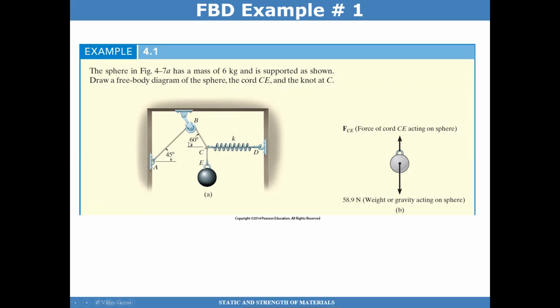So here I have a system, and this system has been supported in the following manner. I have this sphere that has a weight of some kind, and then I also have a cable, and this cable is supported by a spring that's attached to this wall, and then I have a knot here, and this knot continues to be attached now by a cable that is attached by a pulley system at the top, and then on the left is attached by a hook.